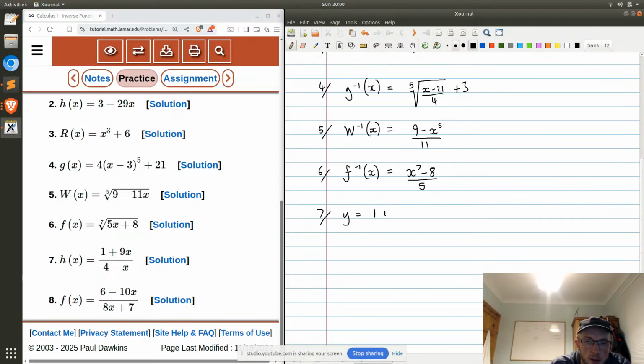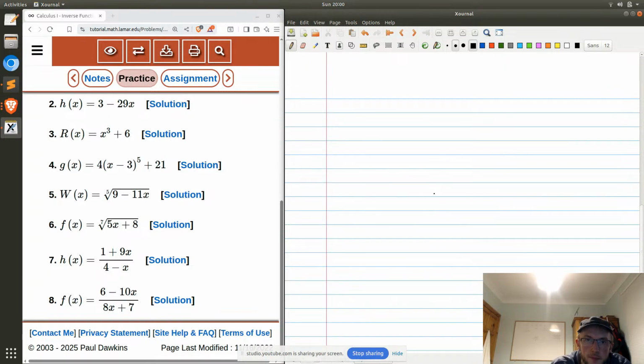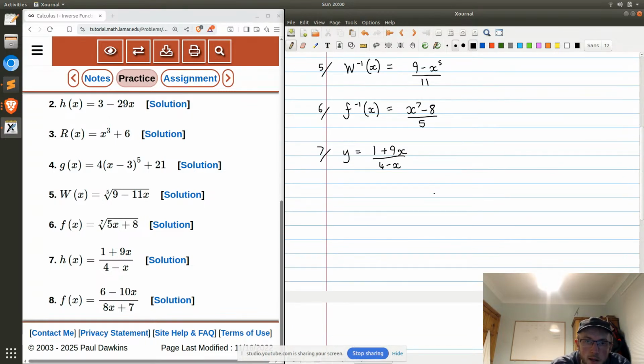First, I'll set y equal to 1 add 9x over 4 take x. Then, I'll multiply both sides by 4 minus x. Multiply it out. And remember, my goal is to get x by itself, so I'll put the x terms on one side.